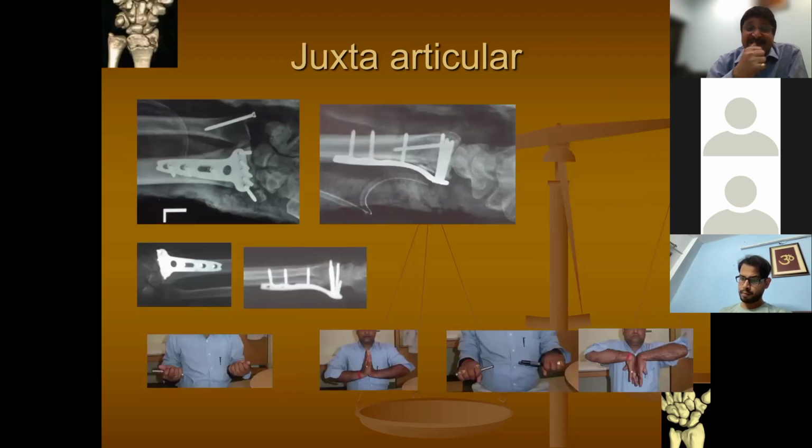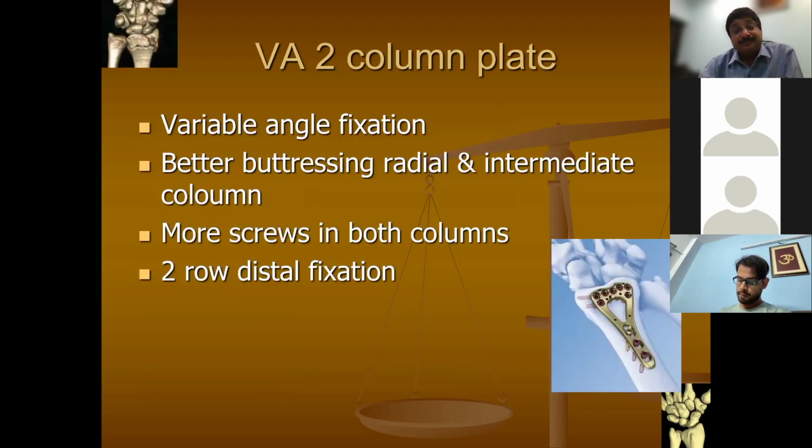In such cases, there's a different plate called the juxta-articular plate, in which the plate comes very distally and screws are not as distally directed as in the extra-articular plate. I'll say many screws go proximally rather than distally. So it is good for distal fractures. It buttresses as well as fixes all these distal fragments.